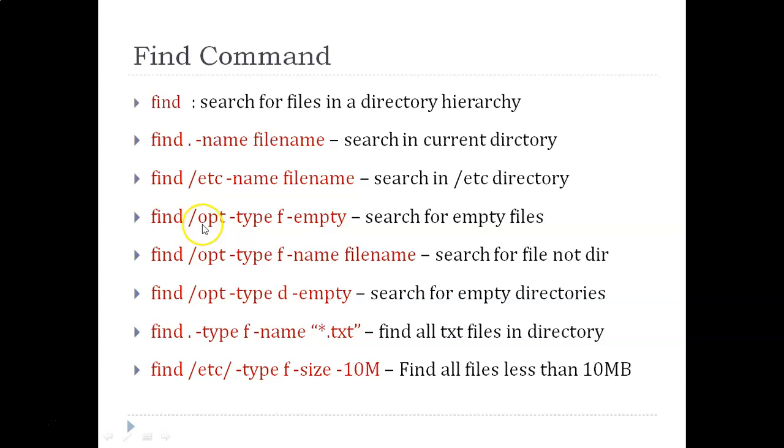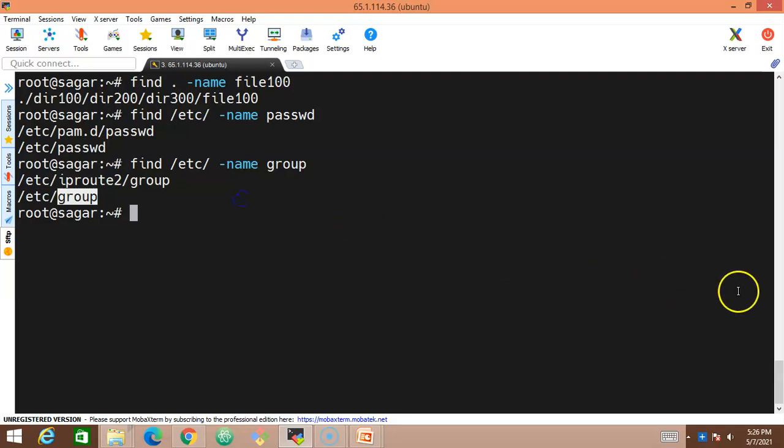Now we will try to search the same command in the root directory, because we have created some files inside the /root directory. We will try to search for the regular files, and we will try to see what all empty files are available. So let us look into it. So pwd, I'm currently inside the /root directory. So find /root.